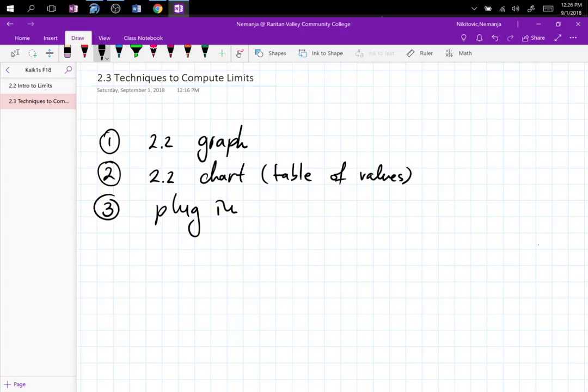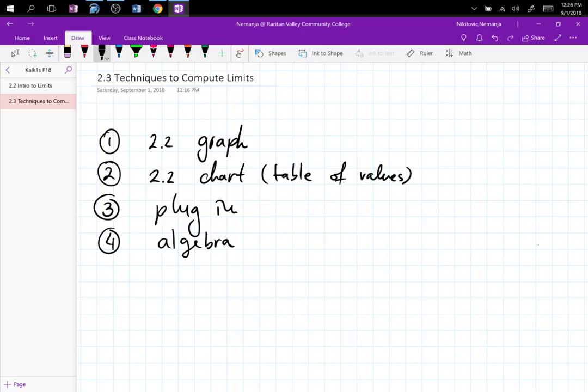That one we have to discuss. Number four, algebra. So these are the ways. 3 and 4 are obviously in this lecture.